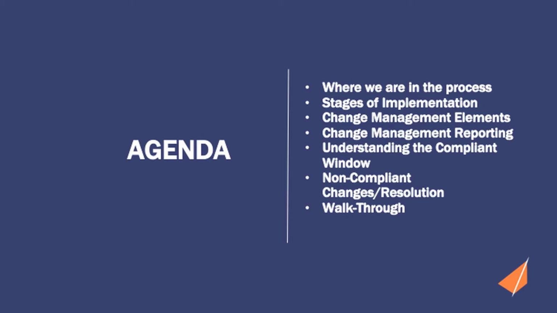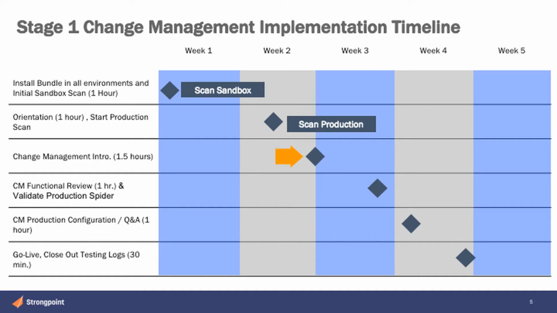We'll also cover what is involved in the stages of implementation, the elements of change management, the reporting, understanding what makes a compliant change in the system, as well as a non-compliant change. When those non-compliant changes happen, we'll also walk through how to resolve those, and then I will go into a walkthrough in one of our demo NetSuite accounts.